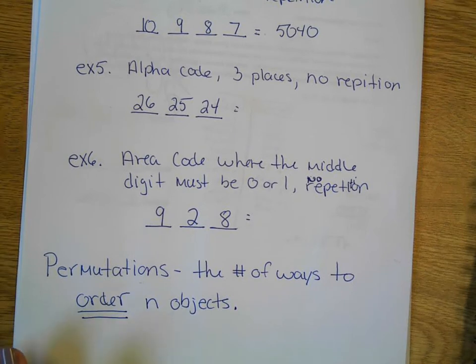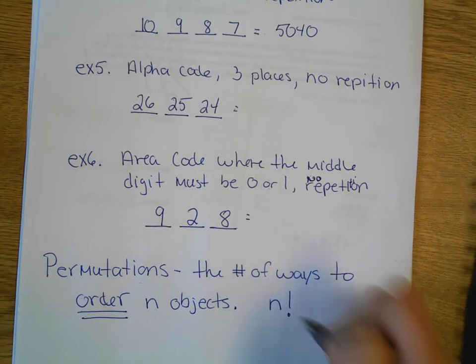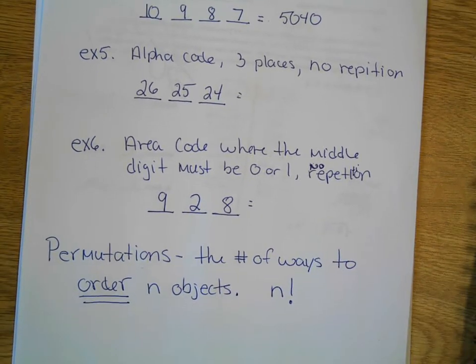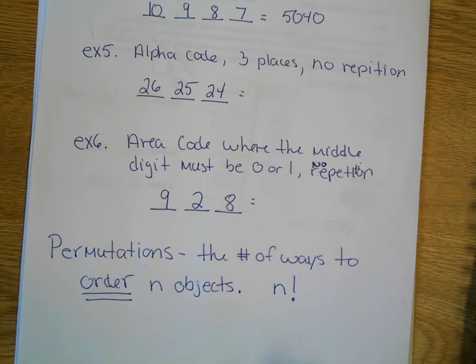Okay, so if I have n objects and I want to order them, like you were talking about ordering the alphabet, when I switch 2 letters around, that's a different order. It's just what you're familiar with, that n factorial. Which does what? Starts at n, subtracts 1, subtracts 1, subtracts 1, all the way down to 1.